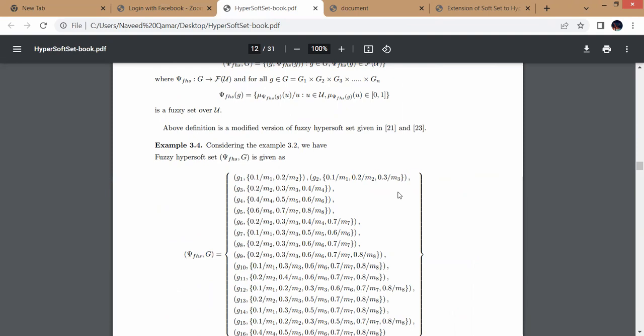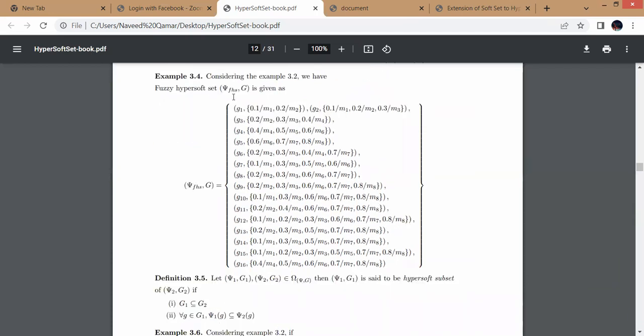So here is another example, example number 3.2, we discussed earlier. If we explain G1, G1 includes two mobiles, M1 and M2. So here 0.1 for M1 means 10%. These G1 properties are included in mobile 1. 0.2 means 20%. These G1 properties or attributes are included in mobile number 2.